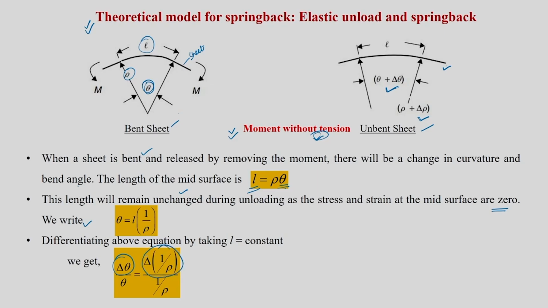If you normalize with respect to the original theta and original 1 by rho, this equation is valid. So you calculate either delta theta or del 1 by rho to quantify or estimate spring back when you have moment without tension.